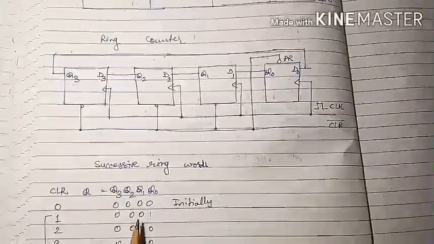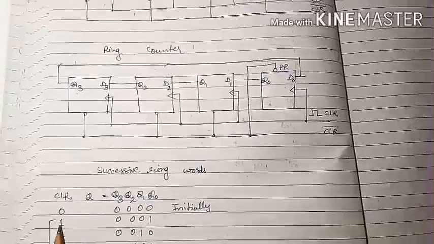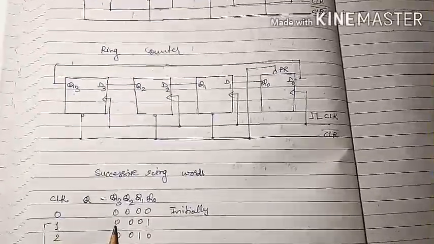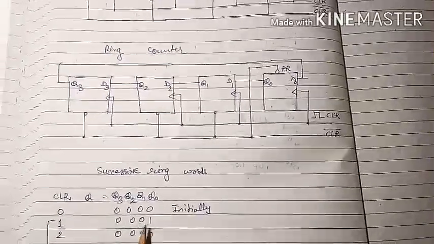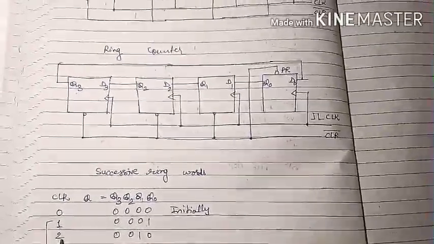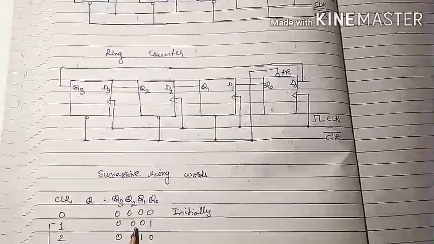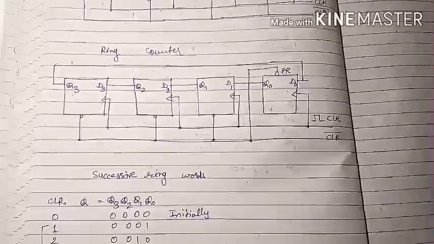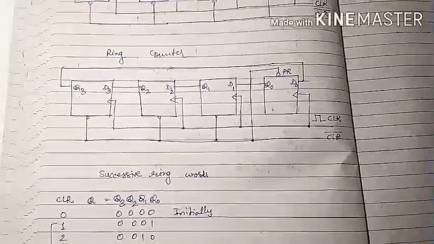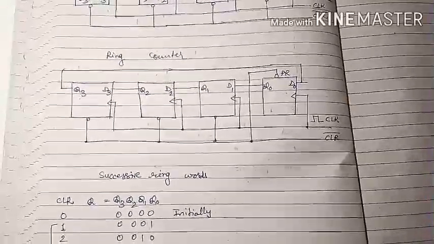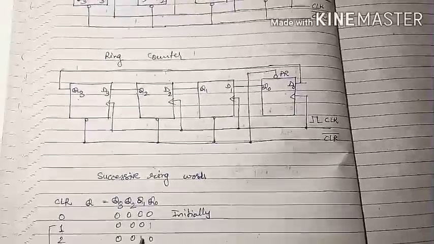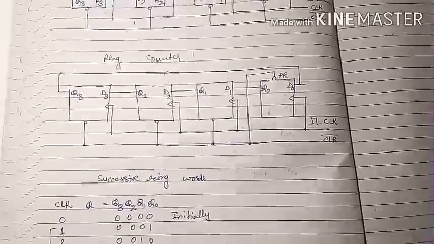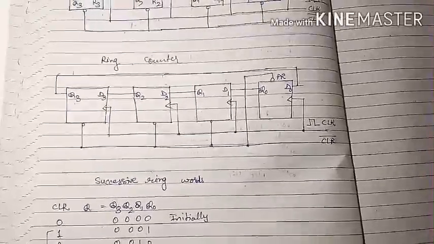With the first positive edge clock pulse, we get the output as 0 0 1 0. With the second clock pulse, this carry propagates, so the output becomes 0 1 0 0. With the third positive clock edge, the output word becomes 1 0 0 0.